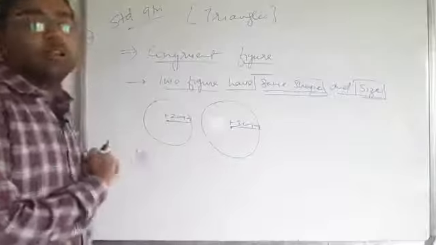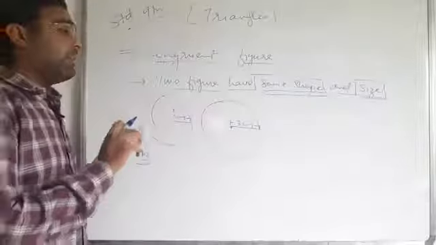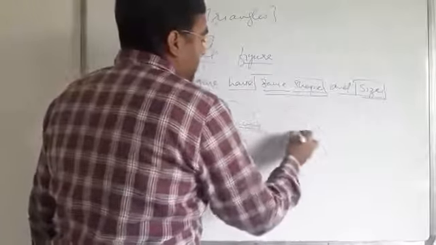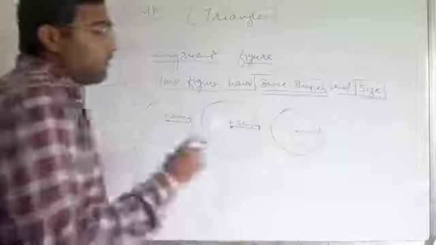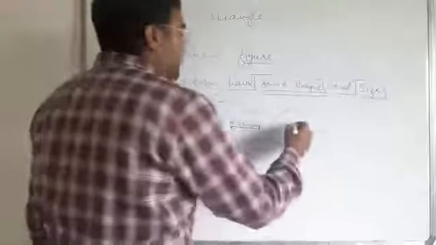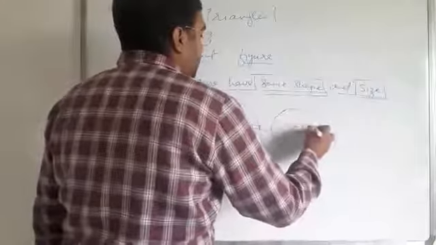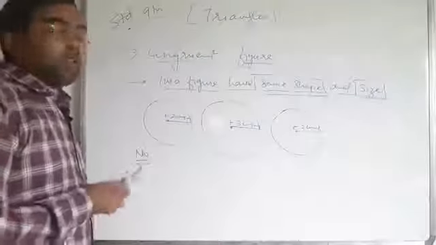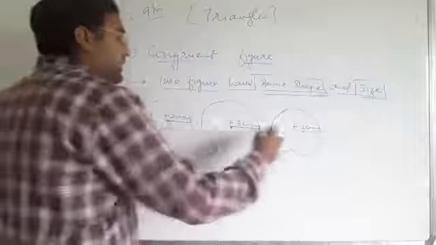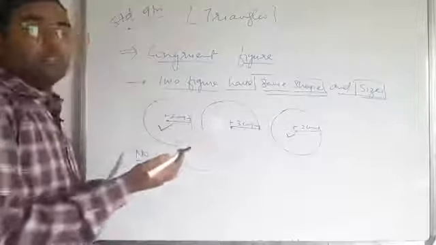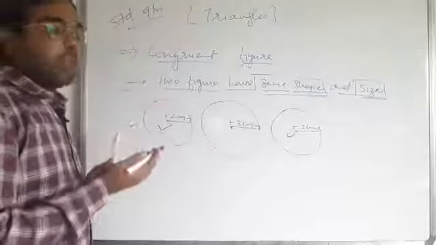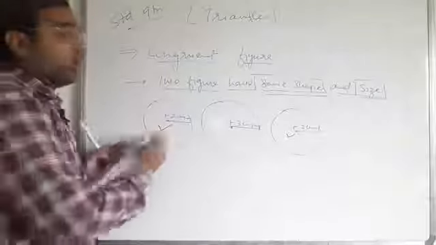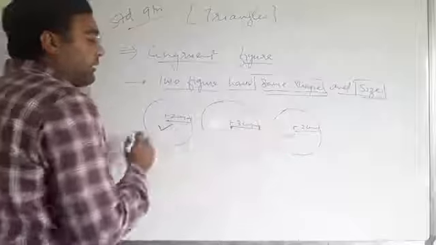But when I draw another circle with a 2 centimeter radius, can we say that this circle and this circle have the same radius, so they are congruent?